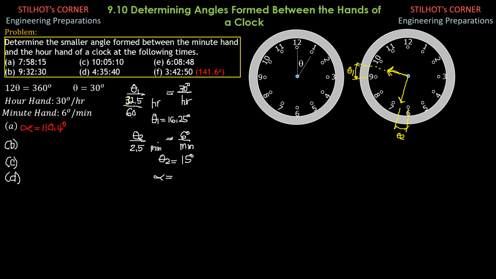Therefore, from the figure, from 6 to 9, that's 3 graduations, so 3 times 30 degrees.